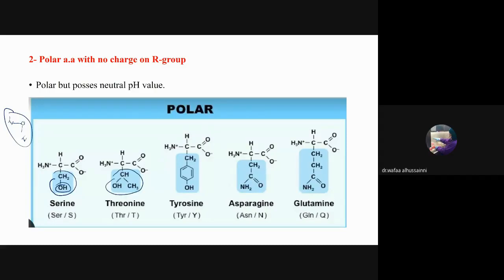Here, this R also has an OH group. This one doesn't have an OH group, but it has a C double bond O and an NH2. So these are polar groups as well. So this is a polar amino acid with no charge on the R. All those R's have no charge. Note that the charge we are talking about is the charge on the R, not on the straight chain of the amino acid. Okay.